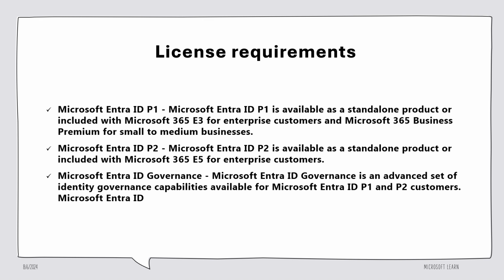So which means that for you to be able to carry out this Privileged Identity Management, you need a license, which is the Microsoft Entra ID P1, or you have the Microsoft Entra ID P2, and then we have the Microsoft Entra ID Governance. So once you have this particular license, then you can be able to do this Privileged Identity Management.